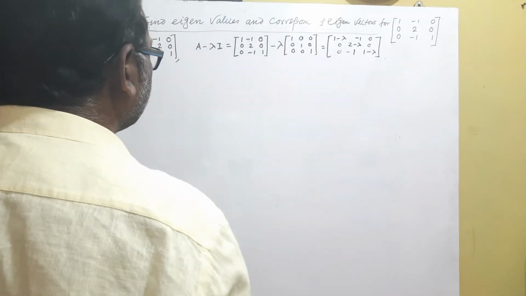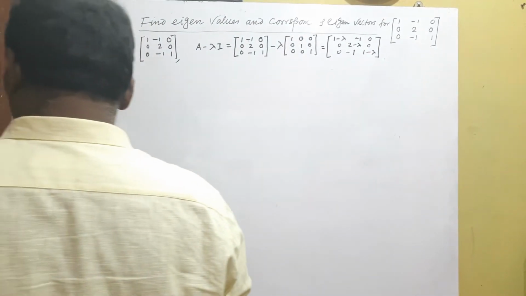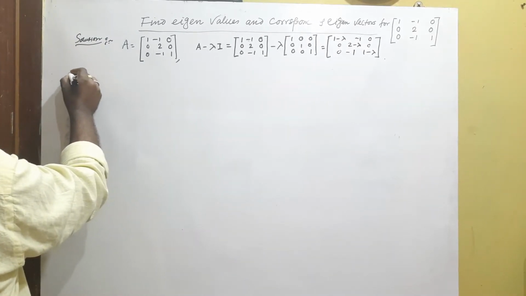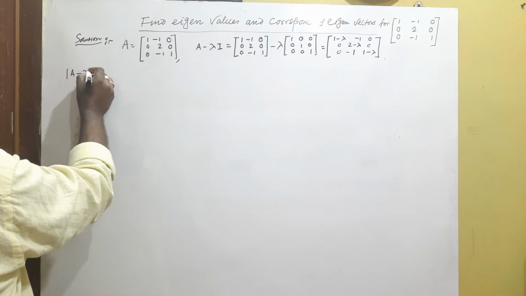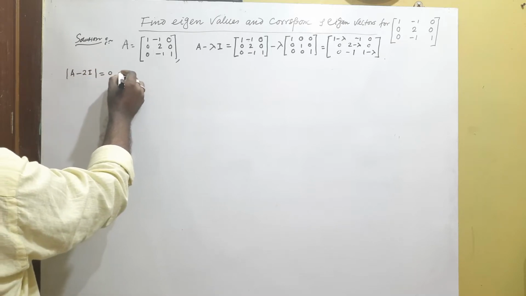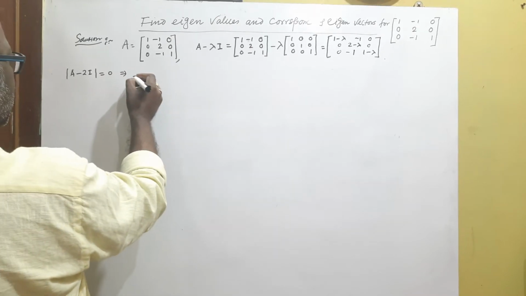Okay, so now the determinant of A minus lambda I is equal to 0. This is called the characteristic equation.